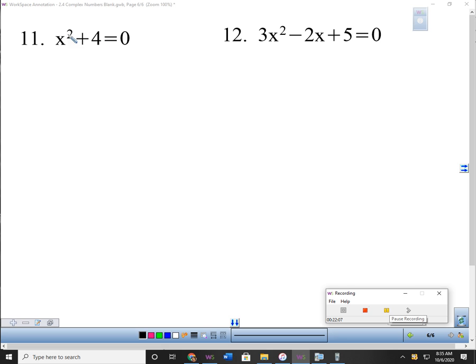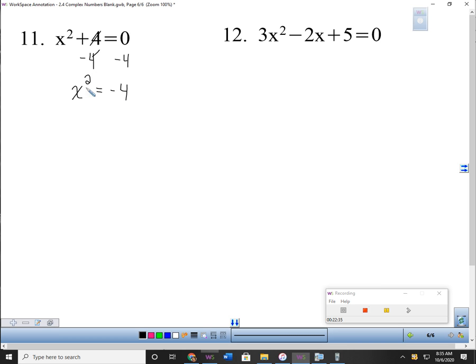All right, so when we solve for this, I can't factor this because, well, one, I would have to have a perfect square and a minus to have the difference of two squares, or I would have to have a trinomial that I could factor, and I don't have either of those. But I do just have this x squared, so I can solve for that. So I'll subtract the 4. So I get x squared is equal to negative 4.